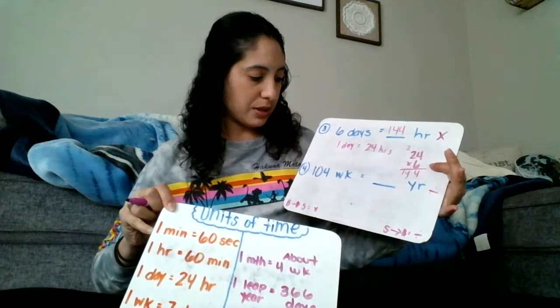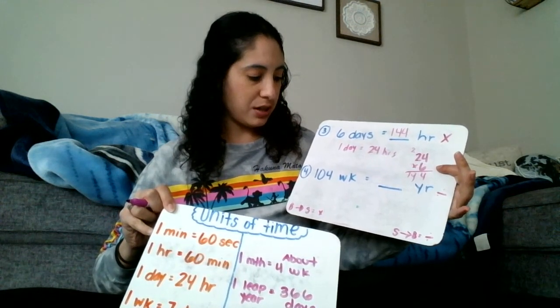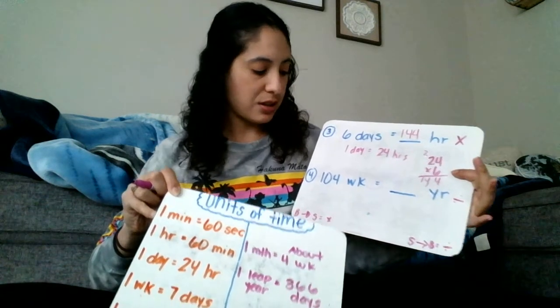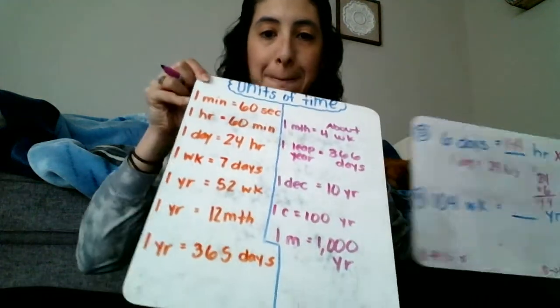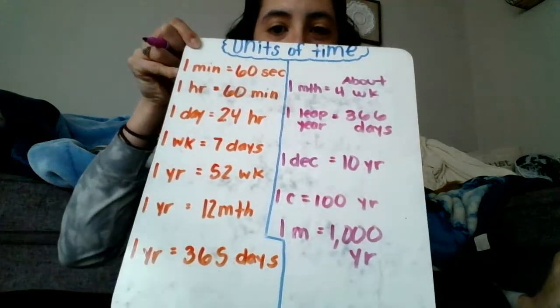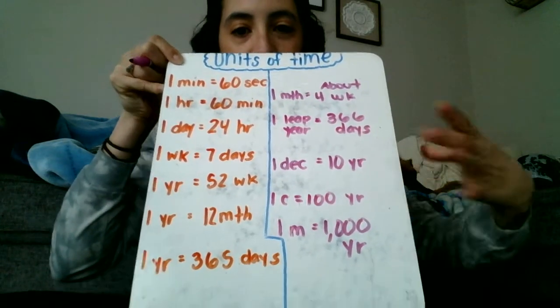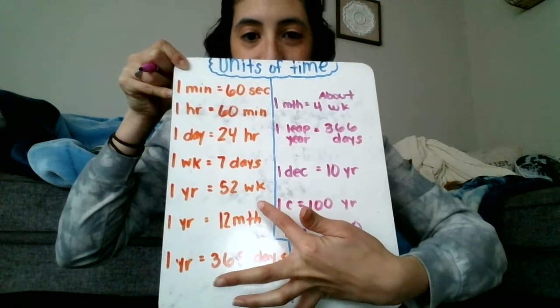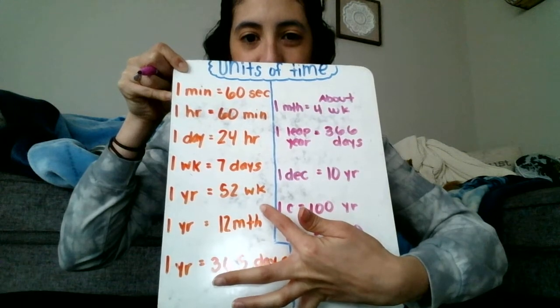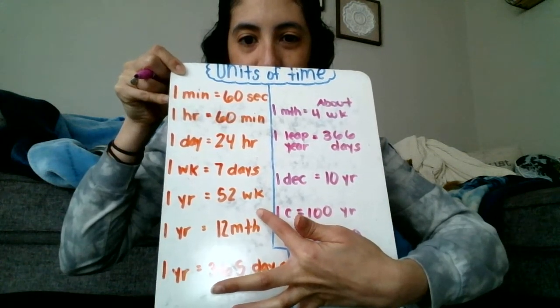So I know that in 1 year, there are 52 weeks, right? In 1 year, there are 52 weeks.